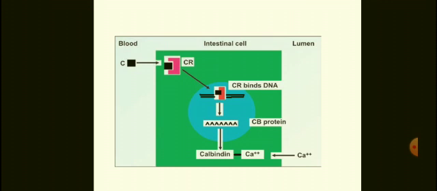So once again, calcitriol binds with the receptor, and this calcitriol receptor complex enters the nucleus and binds with the DNA, causing transcription and translation, that is, synthesis of calbindin protein, and this calbindin absorbs calcium into the intestinal cells.